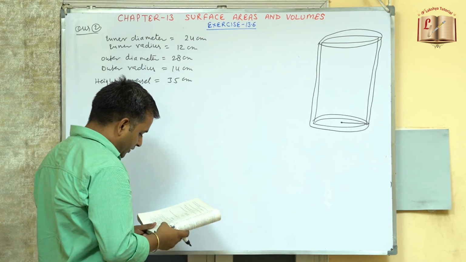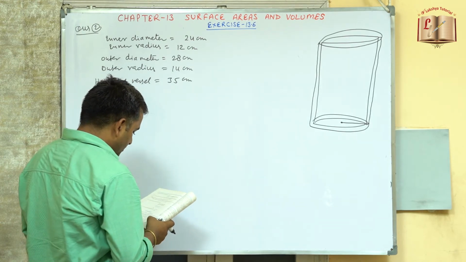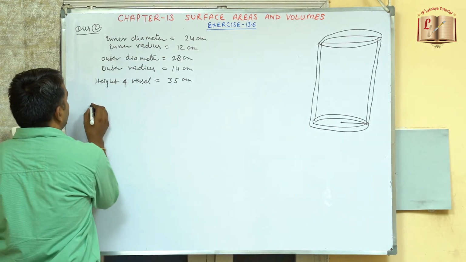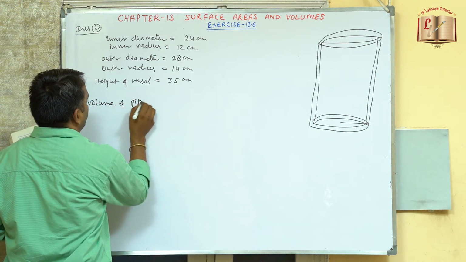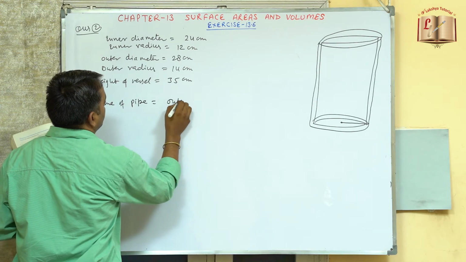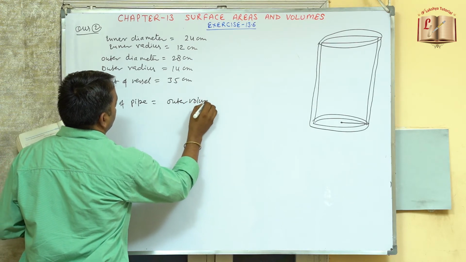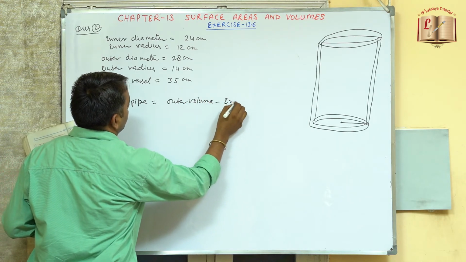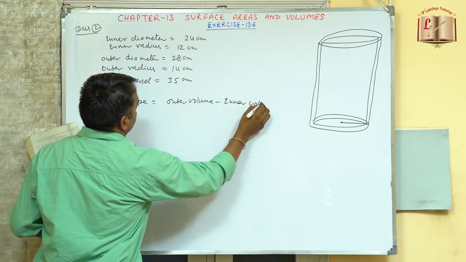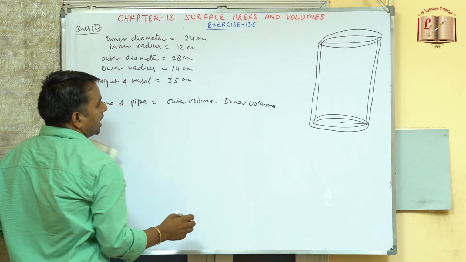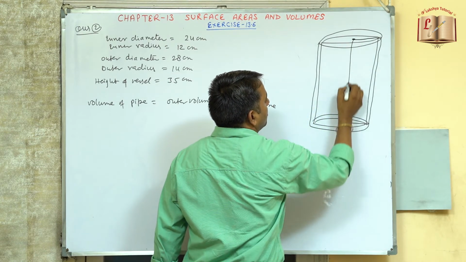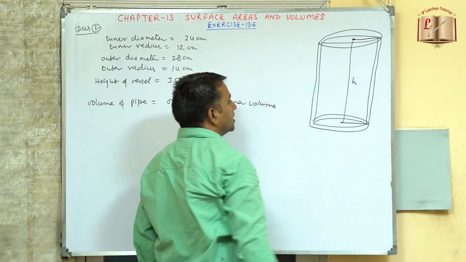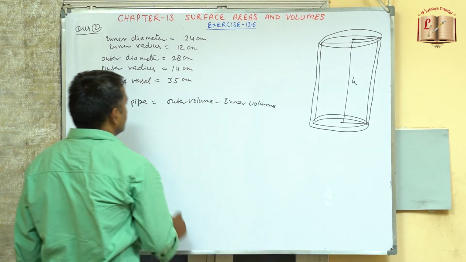So mass of the pipe we need to find out. So first of all we will find the volume of pipe, that will be outer volume minus inner volume, and height will remain the same for both the cases. So height will be the same. Height is given as 35, so it will remain the same.